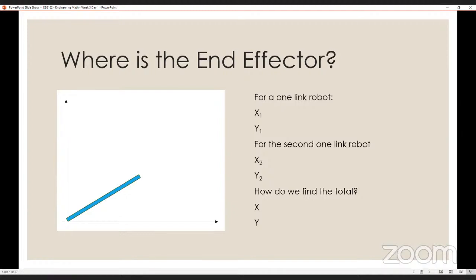Well, we're going to say that we have, remember, some theta. And if we're asked to find the endpoint, we will also know the length. And if you know the length and the angle, where is the endpoint? So how would I find the X endpoint for link 1?